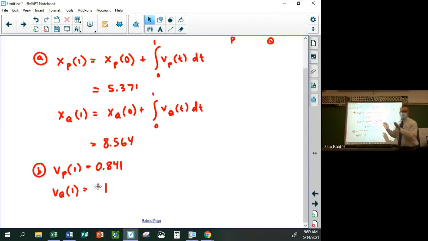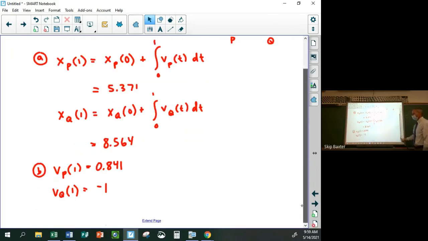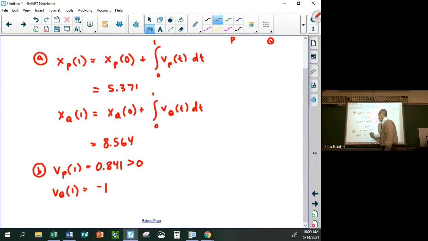Okay, so we don't have to worry about that situation. That would have been a little bit more confusing. If this is moving quickly and this is moving slowly, like they're moving towards each other, generally the distance is getting shorter. But in this case, P's going this way, Q's going that way. They're definitely moving towards each other at 1. And you could just say, since this is positive and this is negative, they're moving towards each other.